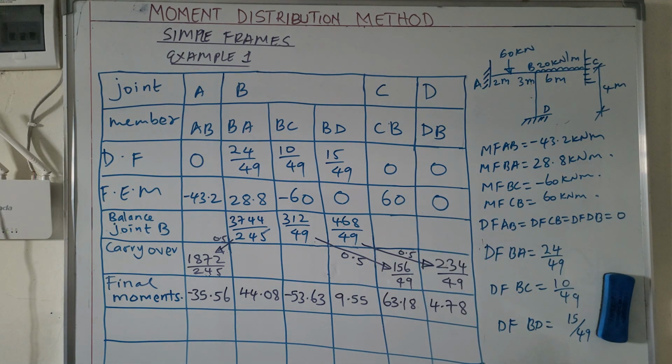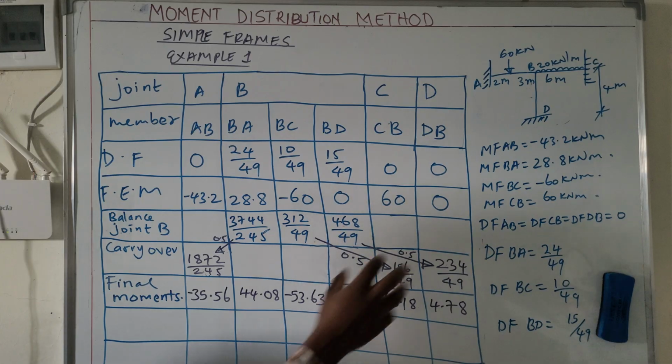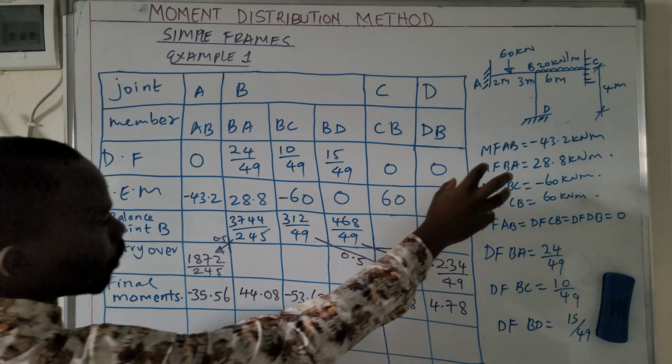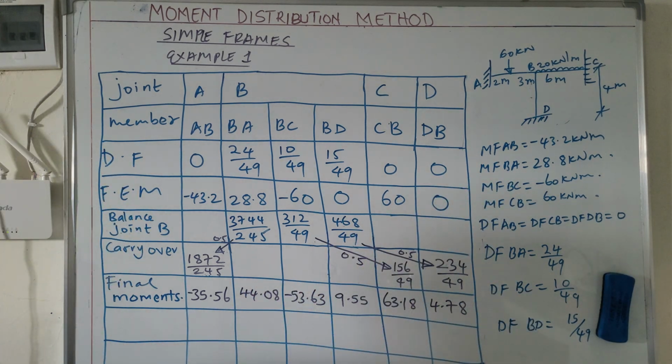And then we come to distribution factors. We have already calculated our distribution factors. They are here. So it's just to pick what corresponds to each member and insert where appropriate.